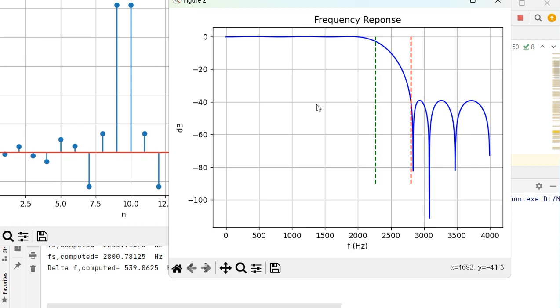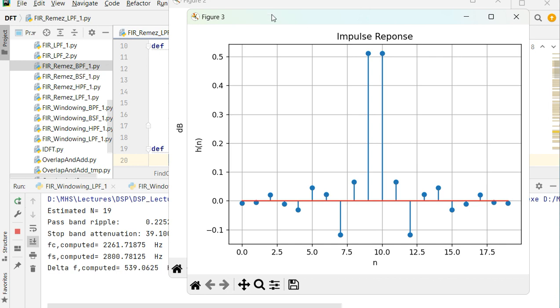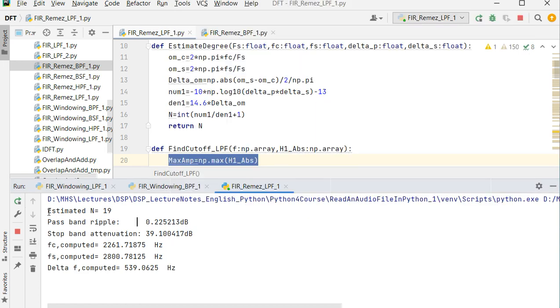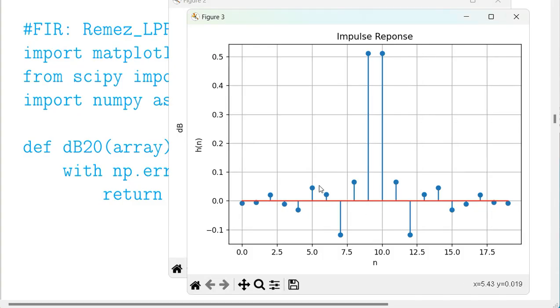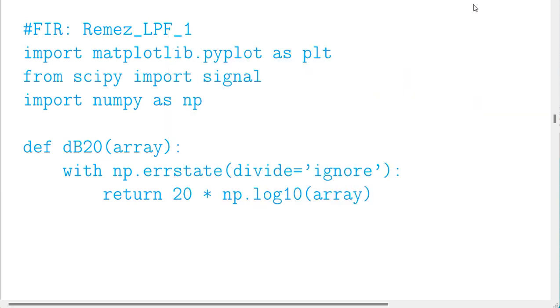You see here minus 40 dB attenuation in stop band, and this is low pass. And here the third figure shows impulse response in time domain as well. Okay, here you see the results: estimated degree 90, passband ripple and stop band attenuation, and computed Fc and Fs, and computed delta F. Now going back to lecture note.